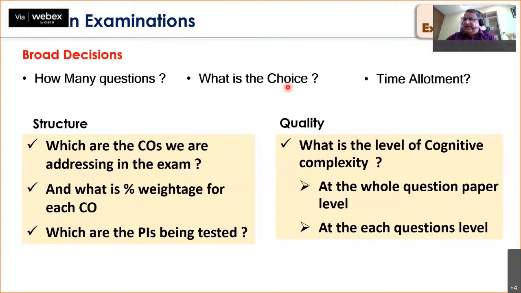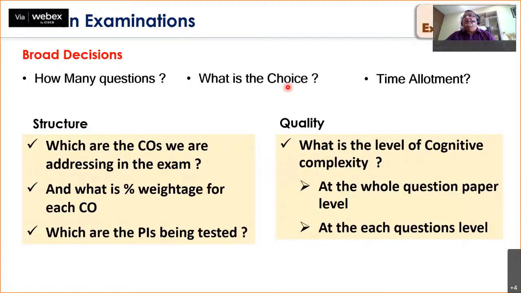Question number 1A at L3, or another question at L3 only. If the question is addressing a particular CO, even the choice question should also address the same CO. Then only the CO will not go unaddressed, PI will also not go unaddressed.